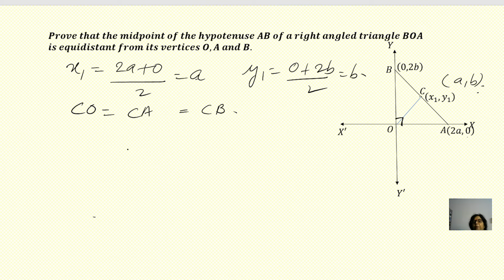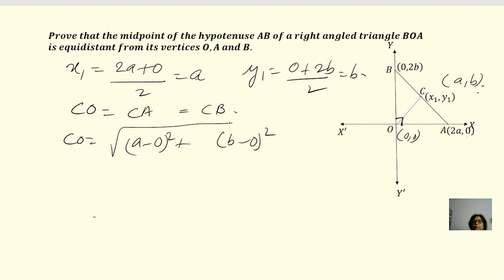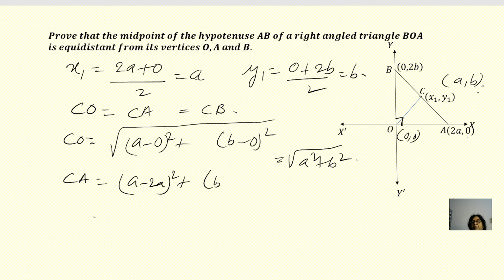So CO will be equal to, coordinates of the origin are (0, 0), so CO will be equal to the square root of (a - 0) squared plus (b - 0) squared. So this becomes equal to root over a squared plus b squared. Now if I take CA, CA will be equal to the square root of (a - 2a) squared plus (b - 0) squared.